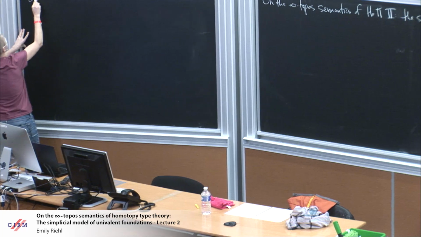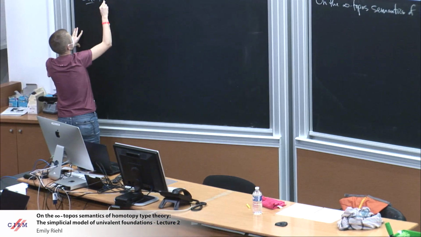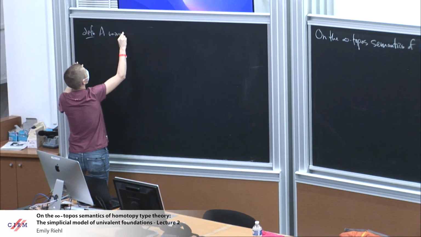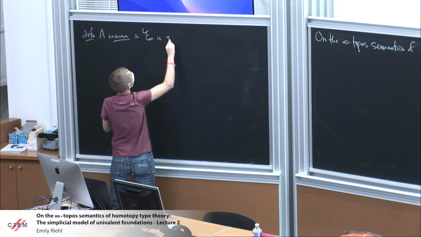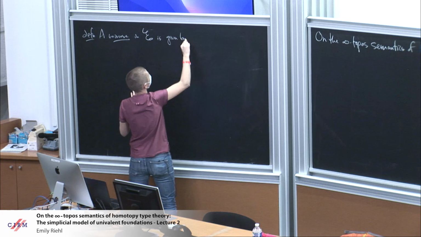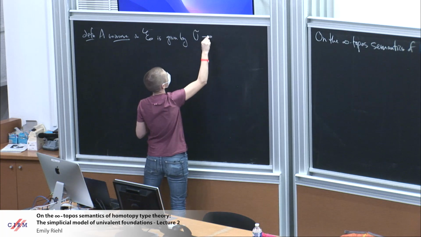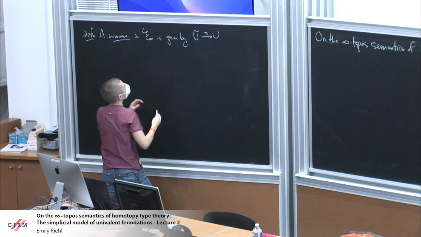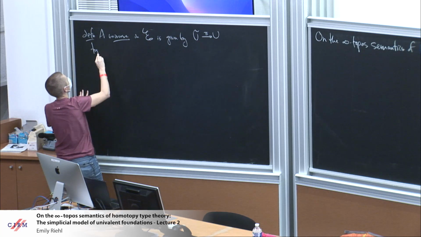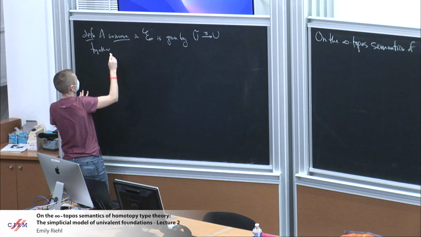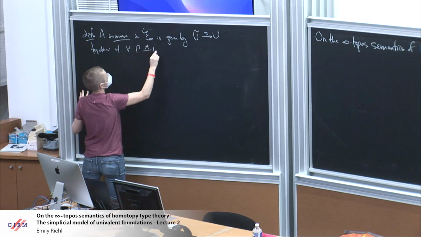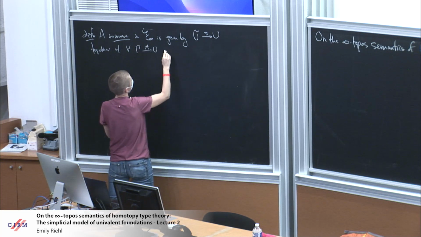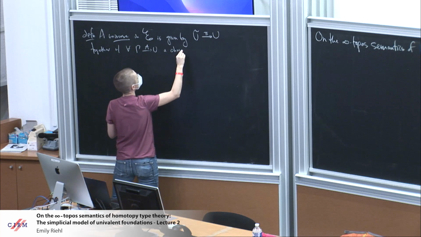So Voevodsky defined a universe in a category as follows. A universe in a category E is given by the data of an object, but also a map over it, and then together with a choice of pullbacks along any morphism into the codomain, for any morphism into the codomain of the universe, a chosen pullback.